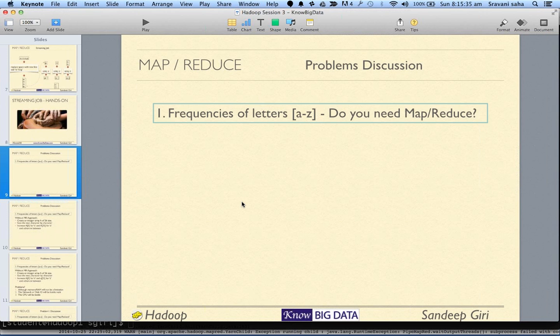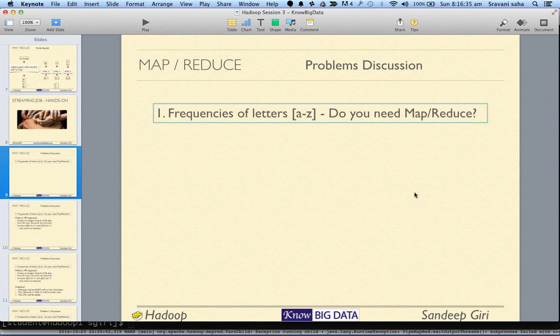Anybody? Did anybody attempt it? If the file is spread across data nodes, it is easy to MapReduce, if not, just good.